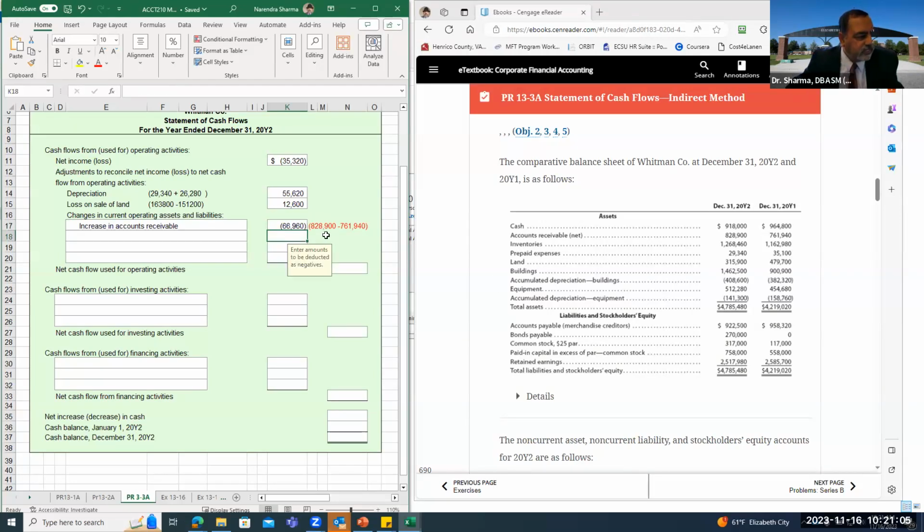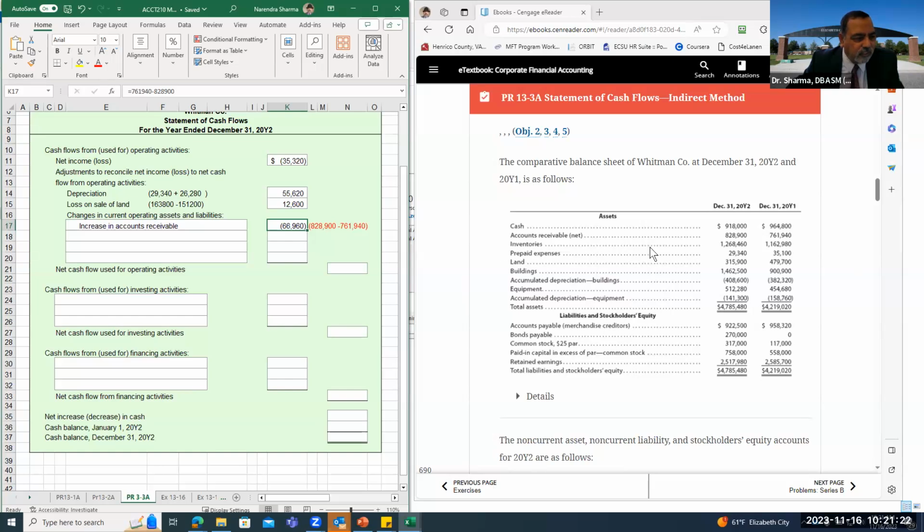That will be minus 66,960. Now remember, the concept is if there is an increase in current asset, it has to be shown as a negative. The logic is same. Take the difference and put it as a minus sign. So that is the first one.